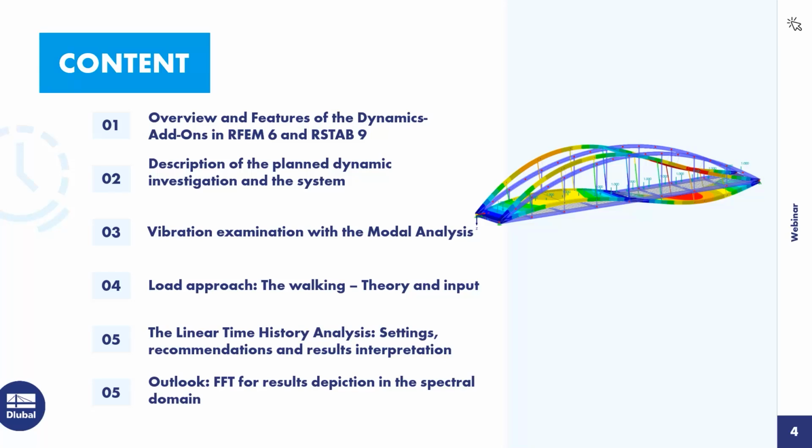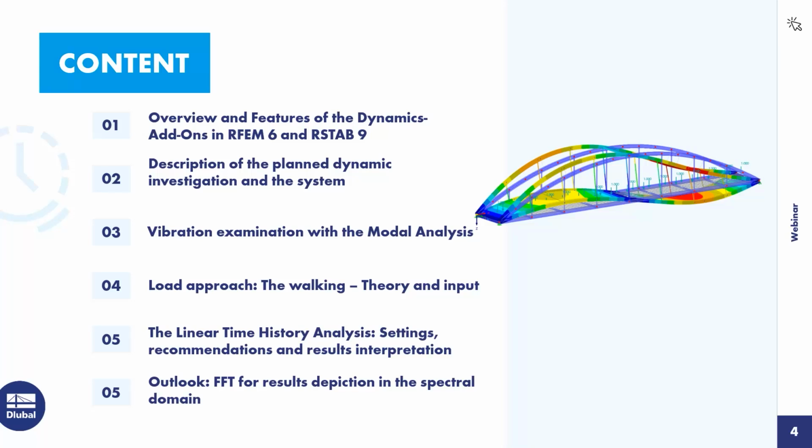We will examine the vibrations with the modal analysis, so look at all of the eigenfrequencies of the system. Then we will start with the time history analysis, at least with the load approach for walking, the theory, and how we can input this in the program.